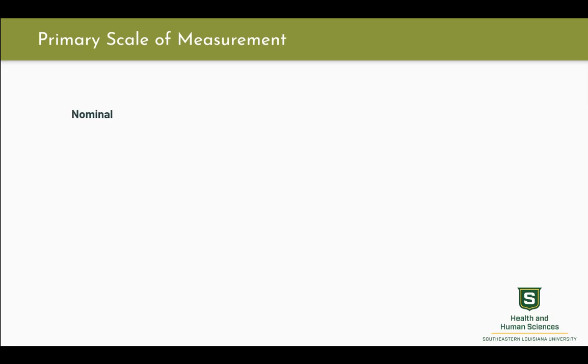So I want to explain a little bit what scales of measurement are. With nominal data, we are looking at the number that is assigned to a runner. I'm going to use an example of a race in this case. Let's say there's a finishing line, and the first person to get to the finishing line has the number 17, because runners have numbers on them.